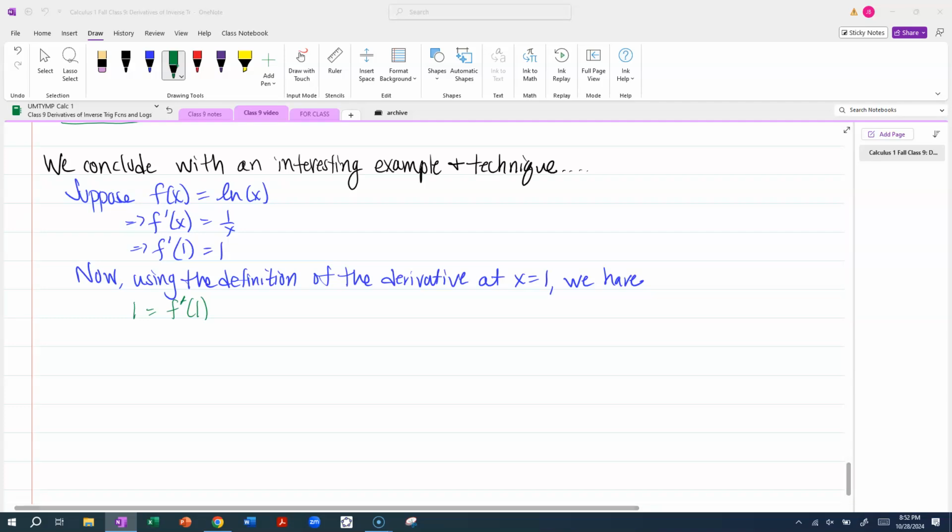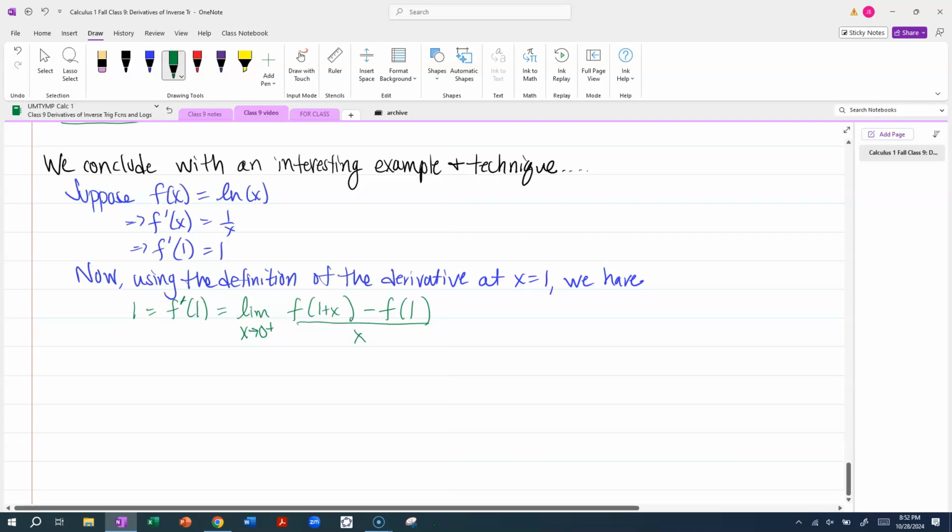Okay, what are you doing, Professor Bright? This is the same as what we already know. So then, if I look at natural log and the definition of the derivative of that, this would be the limit as x goes to 0 from the right of f of 1 plus x minus f of 1 all over x.